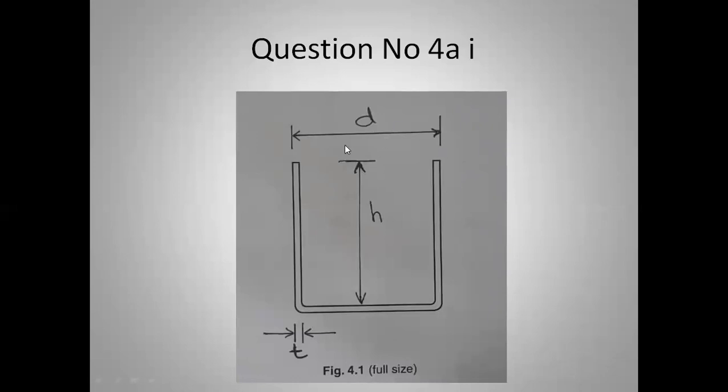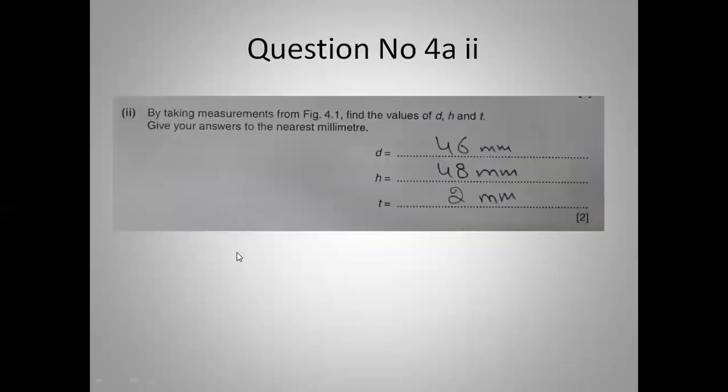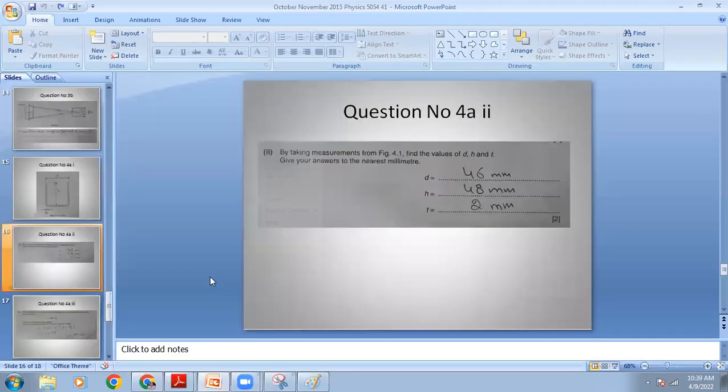The internal depth will be from the brim to the bottom, and this is the thickness of the glass from here till here. I have labeled it. So the readings are D 46 millimeter, H 48 millimeter, and T 2 millimeter, which I have measured with the help of the scale.